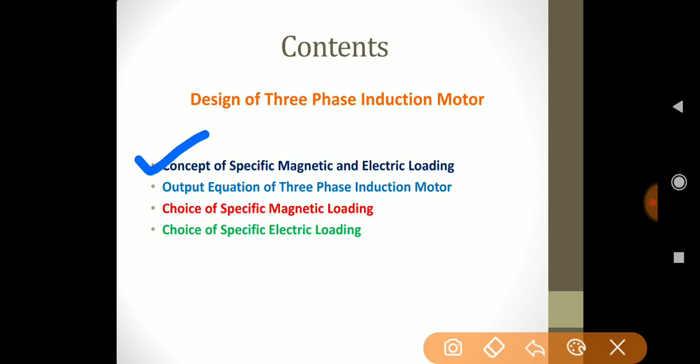Then we are going to derive the output equation of three-phase induction motor, choice of specific magnetic loading and choice of specific electric loading. When we are selecting magnetic loading and electric loading for an induction motor, what are the factors on which these two values are dependent, that we are going to see in this video.